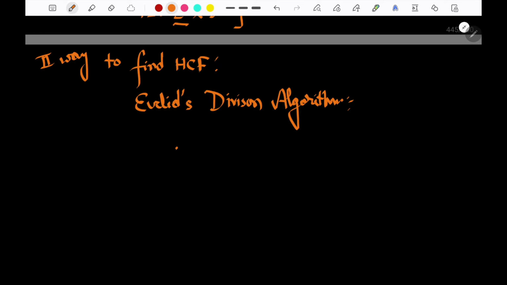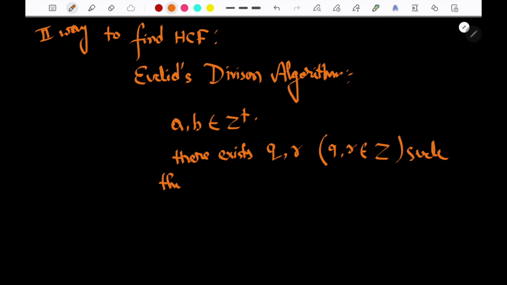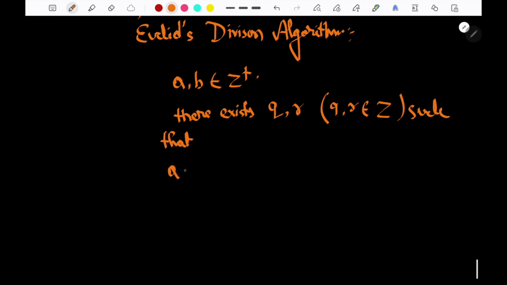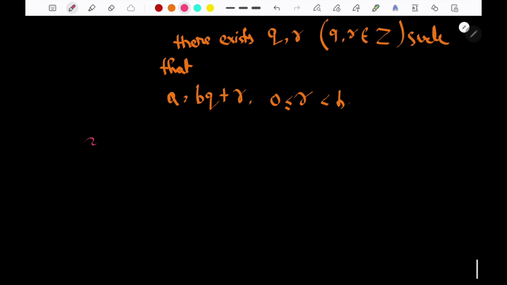We know if a, b belong to Z plus, there exist q, r belonging to the set of integers such that a is equal to bq plus r, where r ranges from 0 to b. Done.